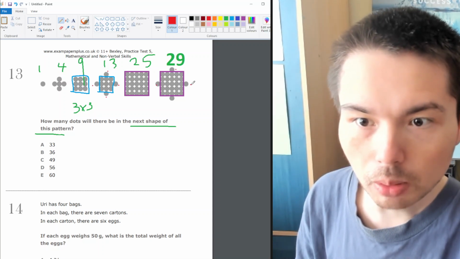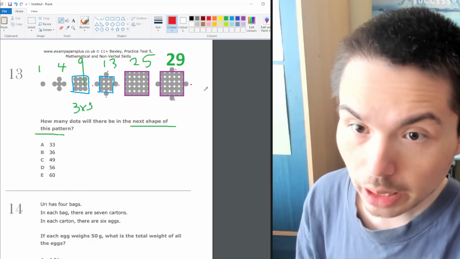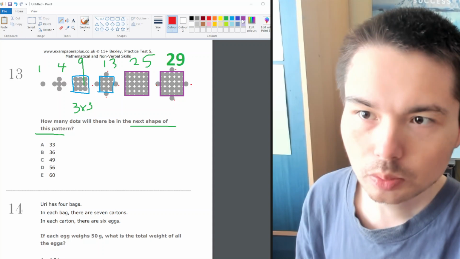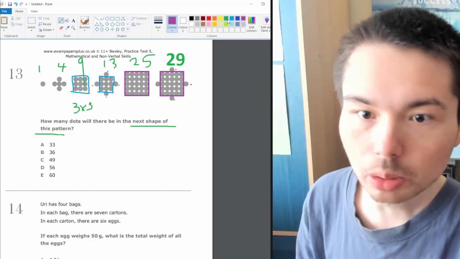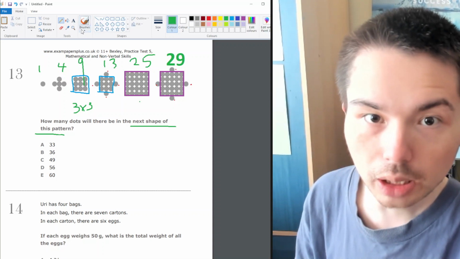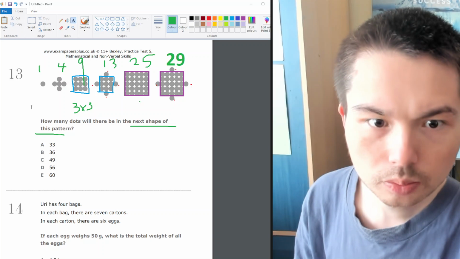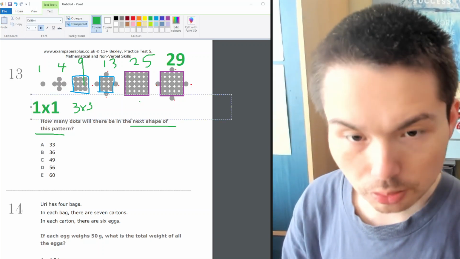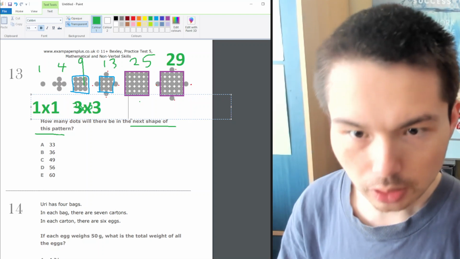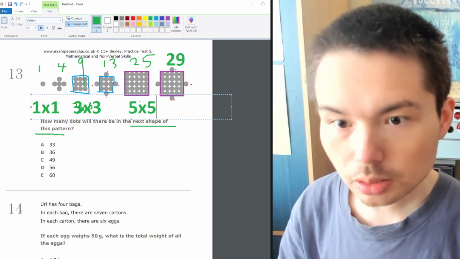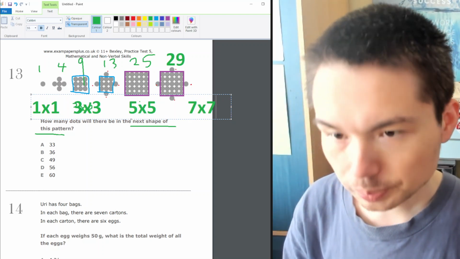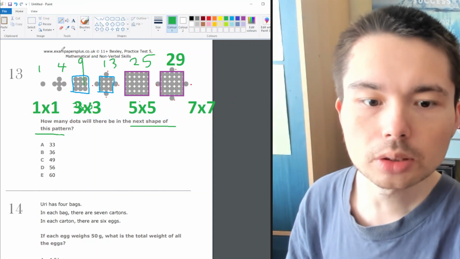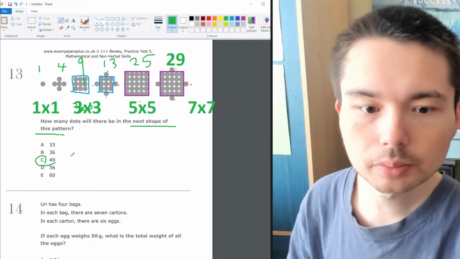Blob, blob, blob, blob. So it's a square plus those blobs. So just a square number. Next one is 5 times 5. Let's put it here as well. 1 times 1. We already know that's 3 times 3. 5 times 5. So next will be 7 times 7. Good. That is 49. Tick.